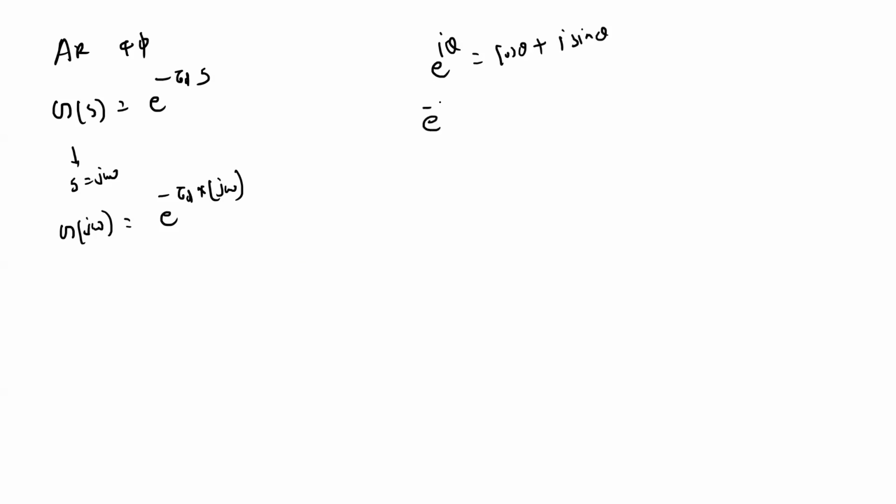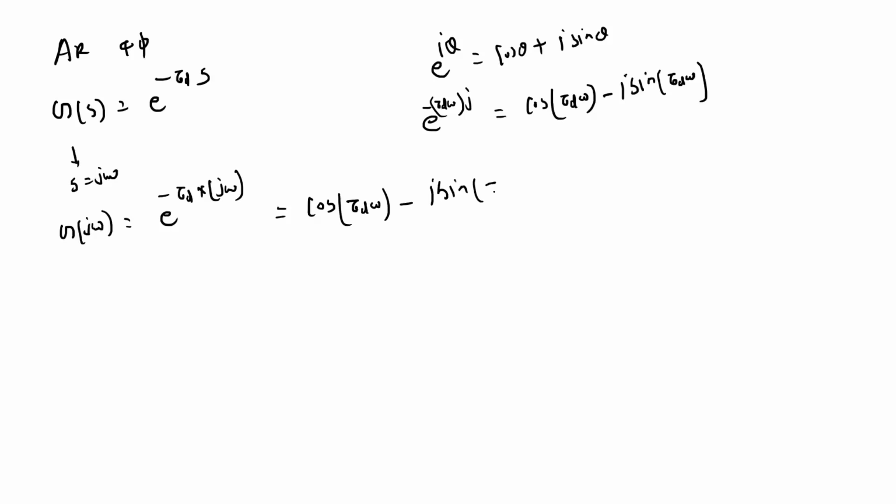So can I write e to the power minus tau d omega into j equal to cos(tau d omega) minus j sin(tau d omega)? Is it clear? So I'll be writing here cos(tau d omega) minus j sin(tau d omega).